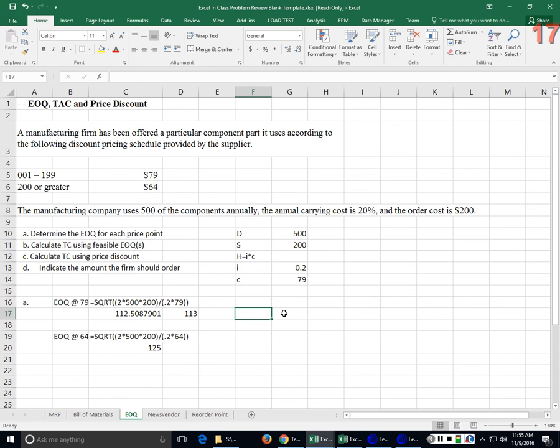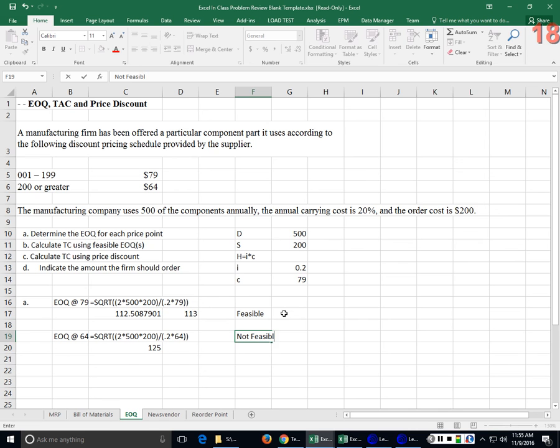What makes it feasible or not feasible? It falls within the range. So it's got to fall within the range. Our range is 1 to 199. So does 113 fall within that range? Yeah, feasible. Okay. How about for Part B at the price of $64? It is not feasible. Okay.